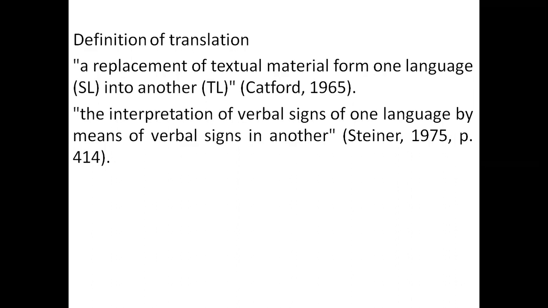Another definition is introduced by Steiner, and he defines translation as the interpretation of verbal signs of one language by means of verbal signs in another. So we have source language verbal signs and target language verbal signs. When we deal with verbal signs, that means he looks at translation from a semiotic point of view.